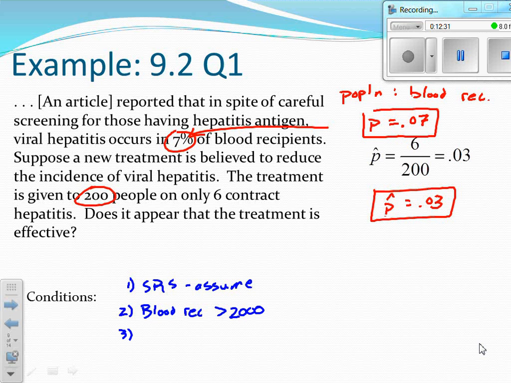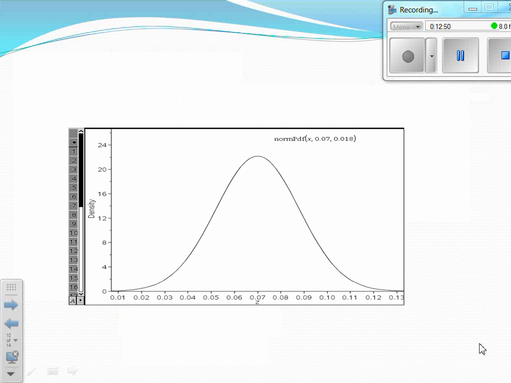And then finally, N times P. So we got 200 people. Remember, use your proportion, your P, not your P hat, and then 200 times 0.93. All of this, so our 3 conditions are met, so we move forward, right?